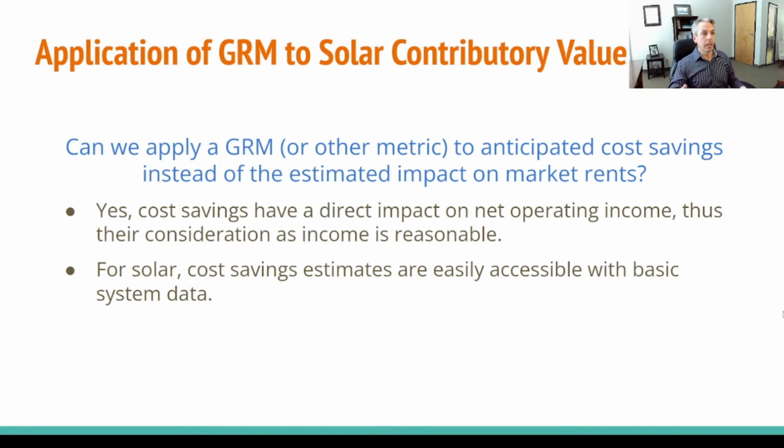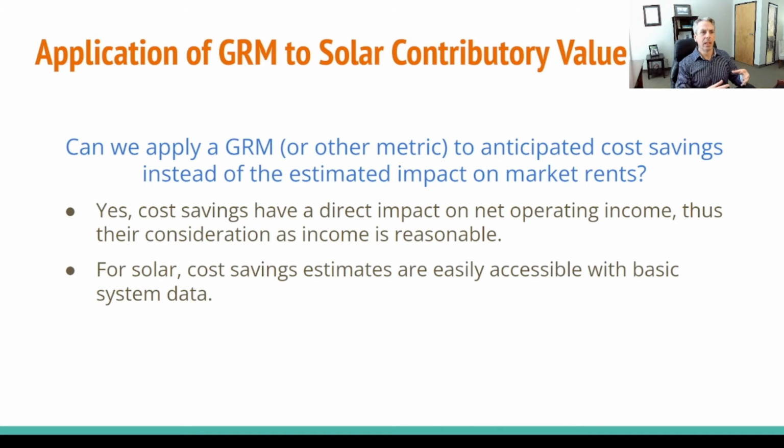So can we apply a GRM, or the same thing in a cap rate really, to anticipate cost savings instead of the estimated impact on market rents? Yes. This is super obvious if you're looking at a cap rate because you're looking at the net income, and cost savings has a direct impact on that.